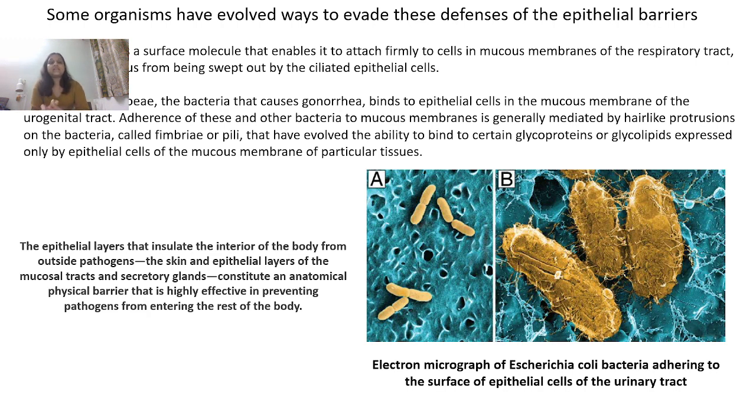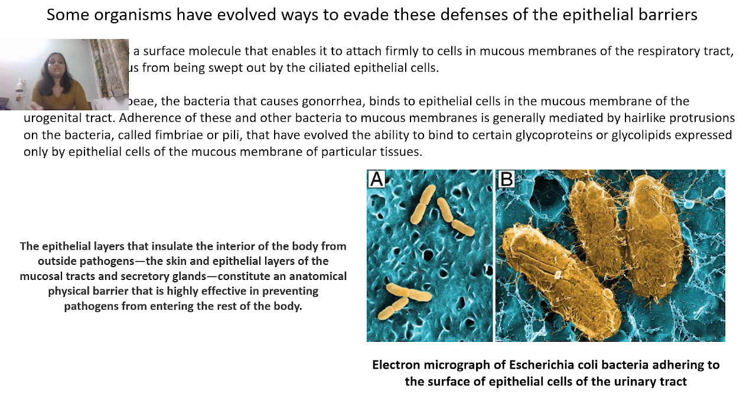Another is a bacterium, Neisseria gonorrhoeae, that causes the disease gonorrhea. It binds to the epithelial cells in the mucous membrane of our urogenital tract. There are certain hair-like protrusions on the bacteria called fimbriae or pili, which adhere in our urogenital tract, where there are certain glycoproteins or glycolipids to which it adheres.